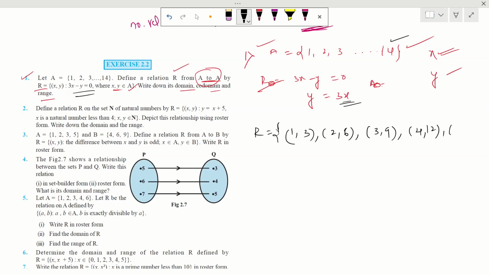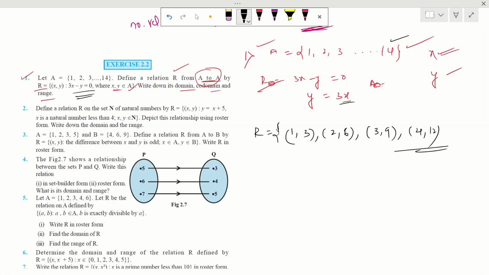When we put 5, 3 times 5 is 15, and 15 is not in A, so we can stop here. So up to (4, 12), this is the relation for the first given problem.